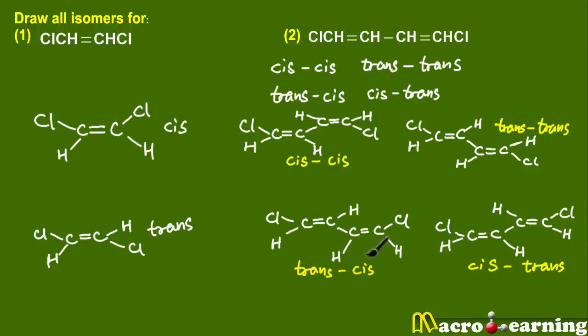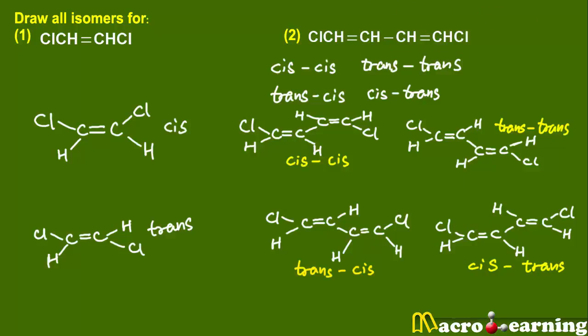If you flip this one over, you get this one. So that's it. We have only 3 isomers out of this structure. Cis-cis, trans-trans, and trans-cis, or cis-trans, depending on how you want to call it. And cis-trans and trans-cis are the same structure because this molecule is symmetrical.